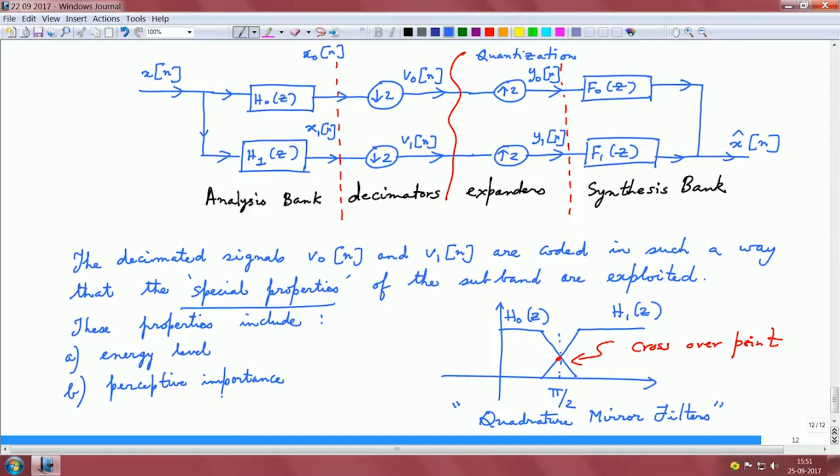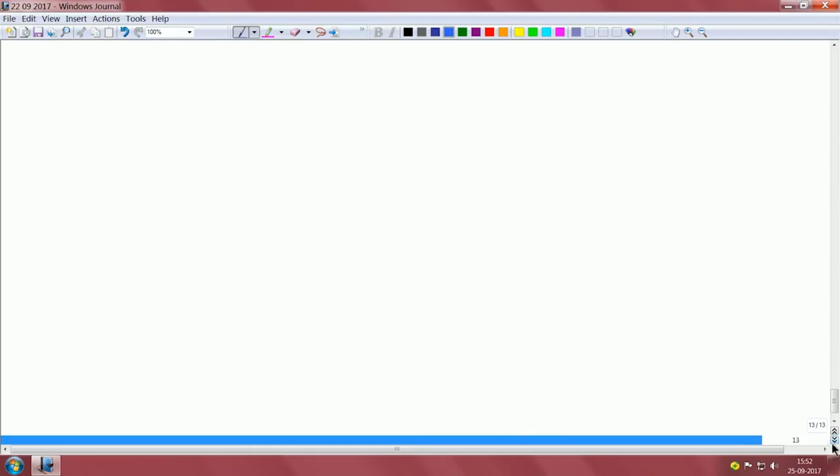Now there are distortions that the signal x hat of n can suffer during this process of passing it through a filter bank with multi-rate operations, right. So what are those artifacts?